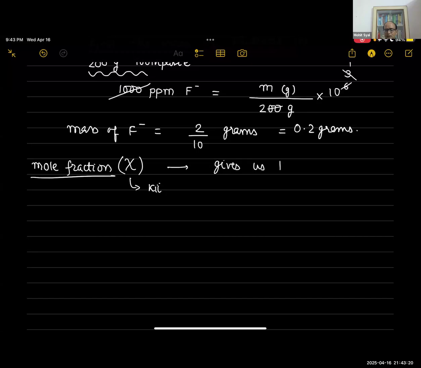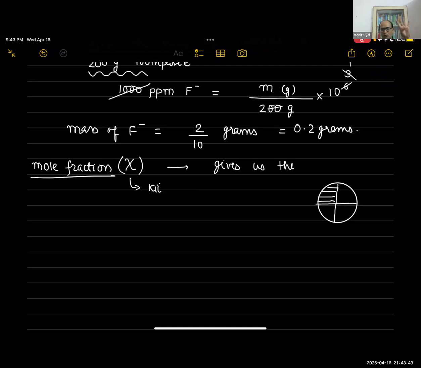So what do you mean by the fraction of the mole? Fraction means out of 1. Suppose this is a pizza you are having, and if you take this much, how much did you take? You took 1/4.